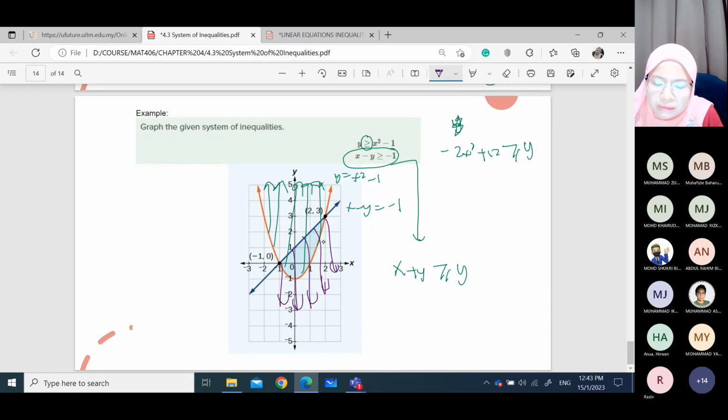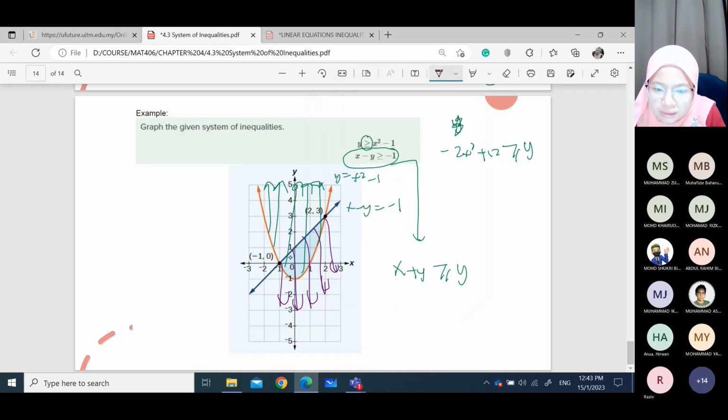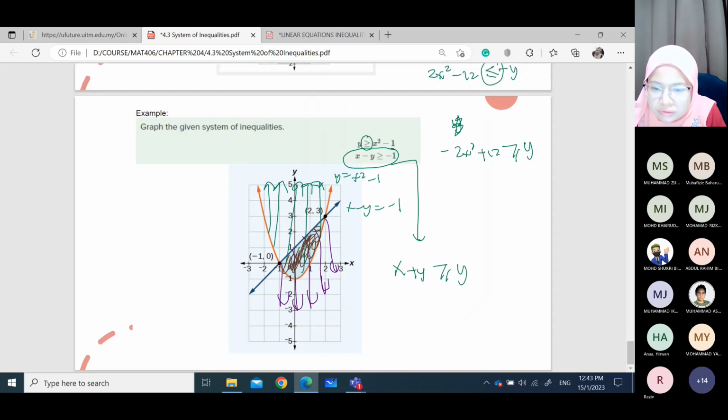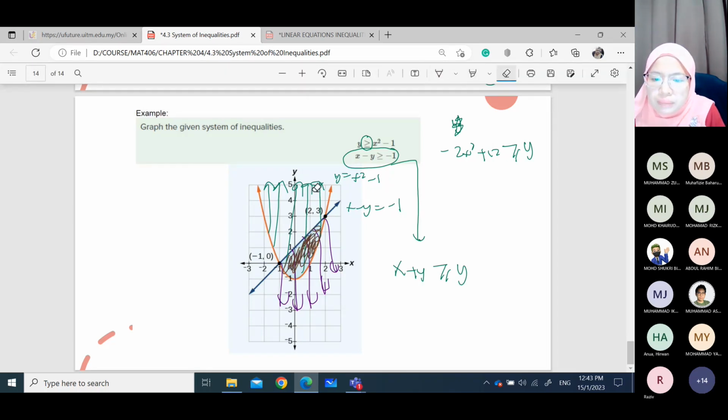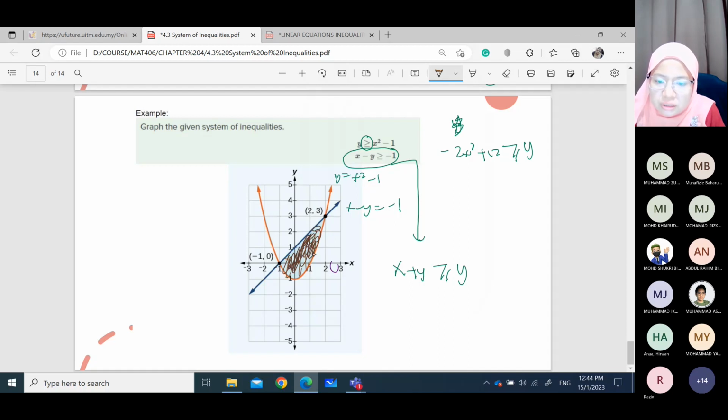So overlap dengan yang atas tadi, yang first tadi. So maknanya kita punya region berada di dalam ini. Sinilah ni region dia. Okay, I colorkan terus kat situ. So yang lain daripada itu bukan solution. Faham? So this is the solutions ataupun the region of solutions. Okay, boleh?